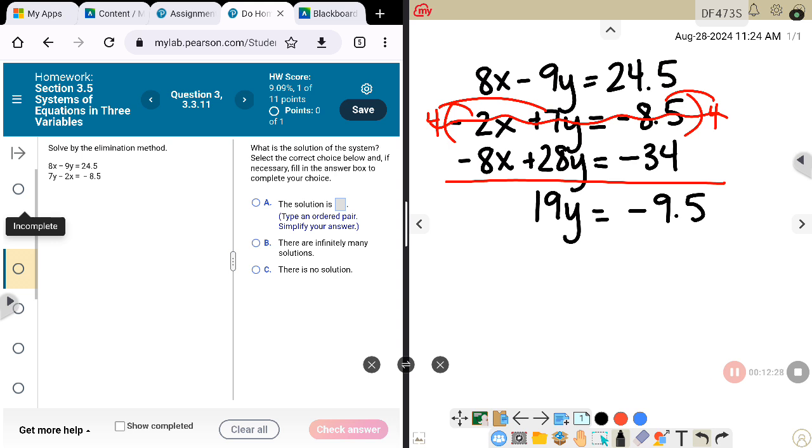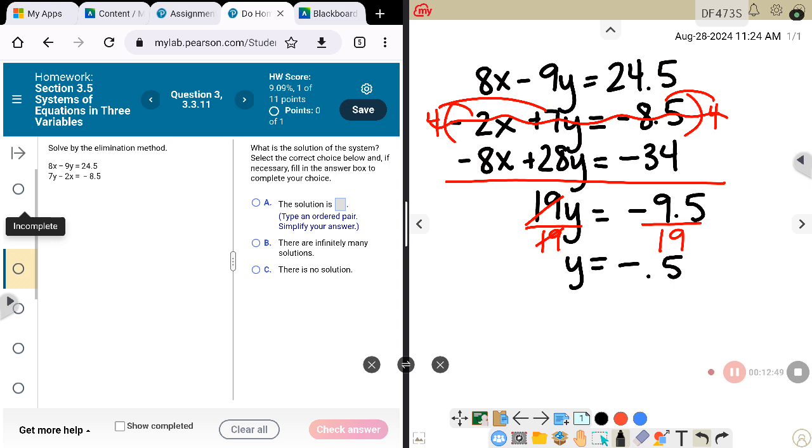So now I can solve this one for y by dividing both sides by 19. So now I've got y equals negative 9.5 divided by 19, which gives me negative 0.5.